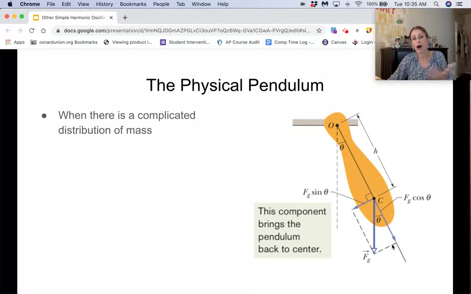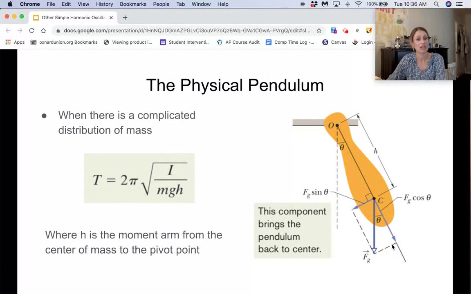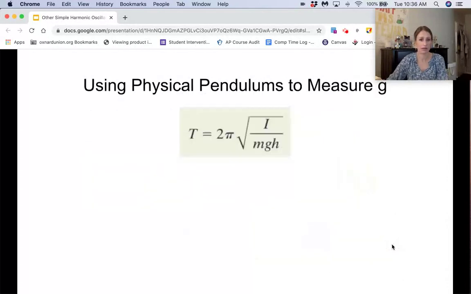So when we have a more complicated distribution of mass, this again was on the last slide, our period is equal to 2 pi times the square root of rotational inertia divided by mgh, where h instead of L is the moment arm from the center of mass of the system to the pivot point. So we can pretend that all the mass is concentrated at that center of mass.